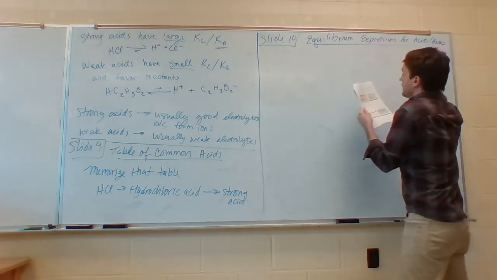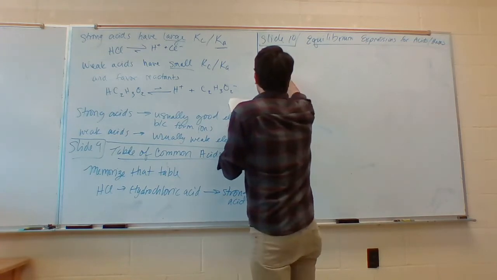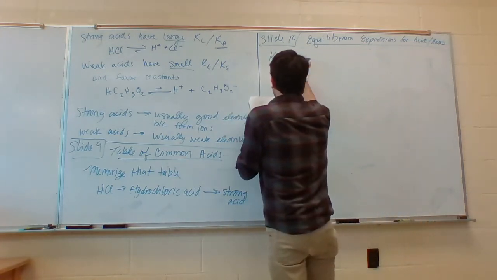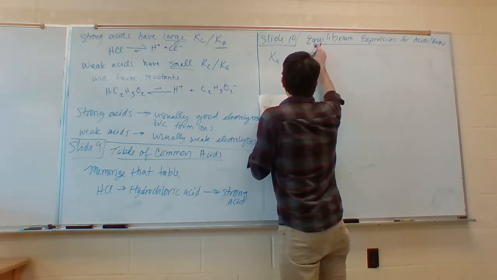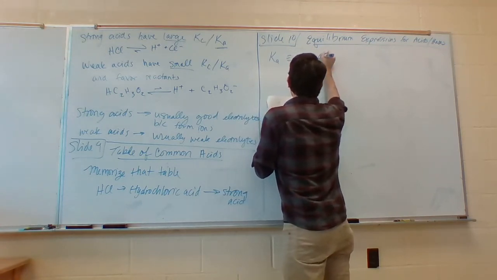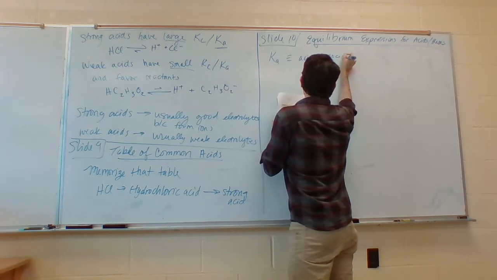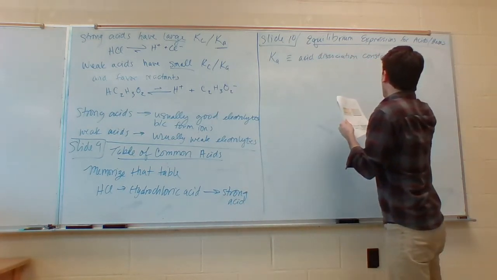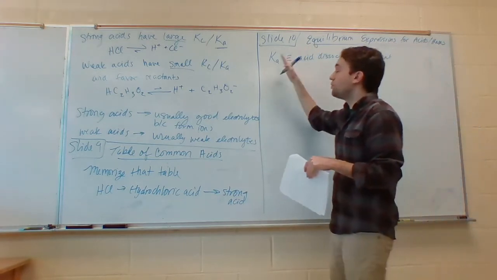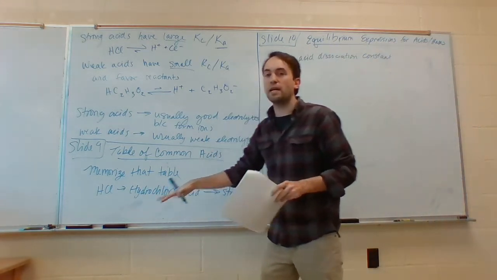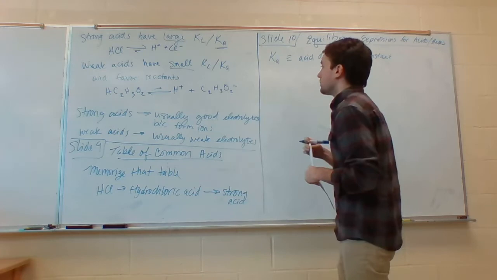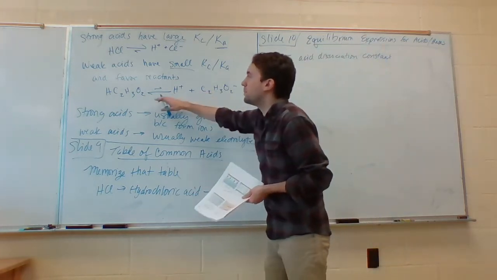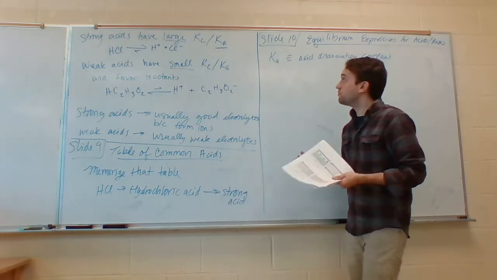As I mentioned, we have a Ka. Our Ka is our acid dissociation constant. It is specific to an acid, like hydrochloric acid, or, since we're talking about weak acids, it would be more common to use acetic acid, for example.